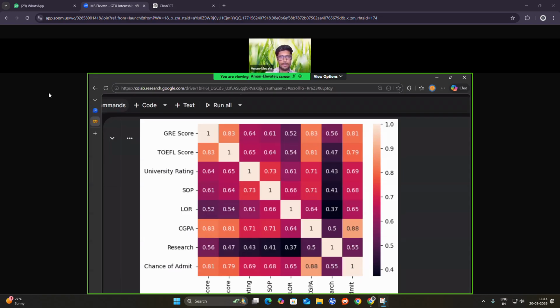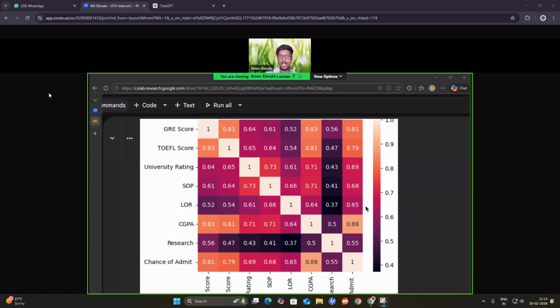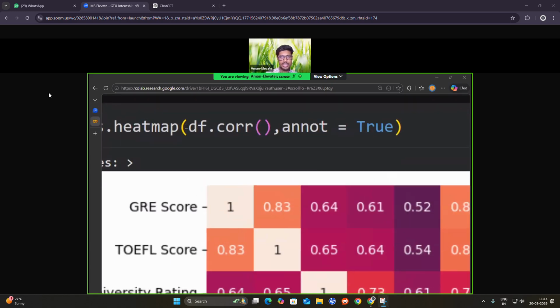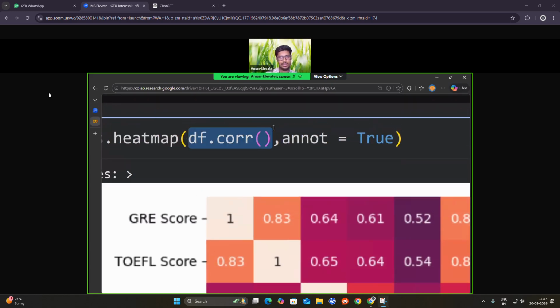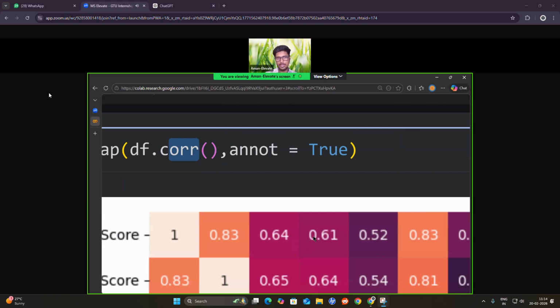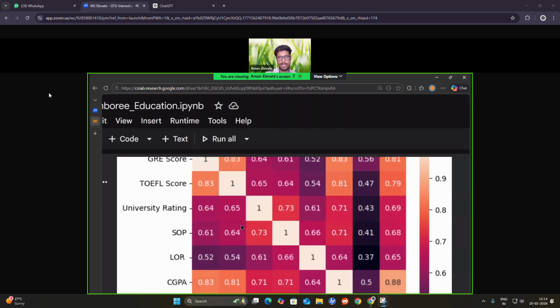So this is how a correlation matrix looks like. Can you see this df.corr? This df.corr means correlation. This is the data frame and this is correlation, and annot equals True shows these numbers. So this is how a heat map looks like.